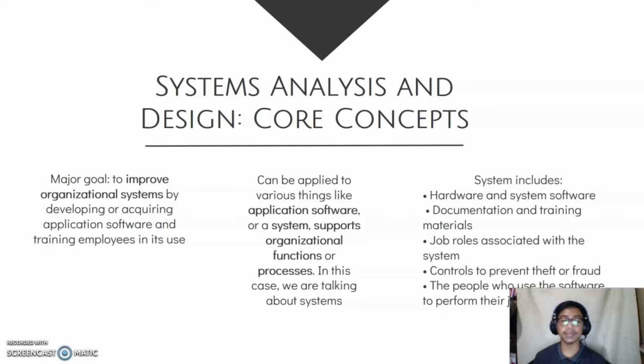In this case, we are talking about system. So a system includes many things like hardware and system software, documentation and training materials, job roles associated with the system, controls to prevent theft or fraud, and the people who use the software to perform their jobs.